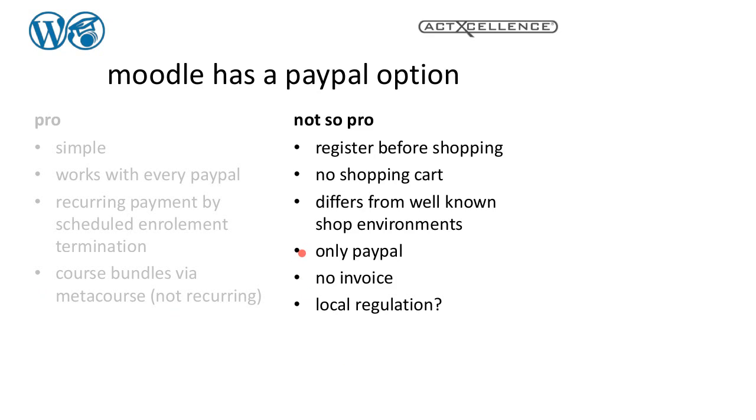You have definitely only PayPal, and I'm not sure if you can do recurrent PayPal payments in all countries. Yes, you can have some credit cards in PayPal, and it depends very much on your region what options PayPal offers you.